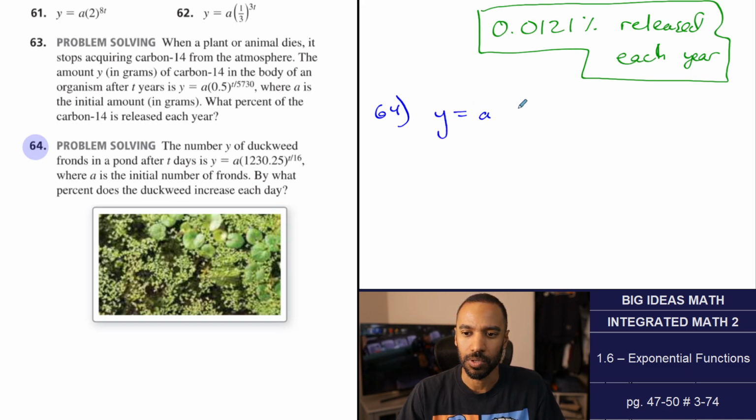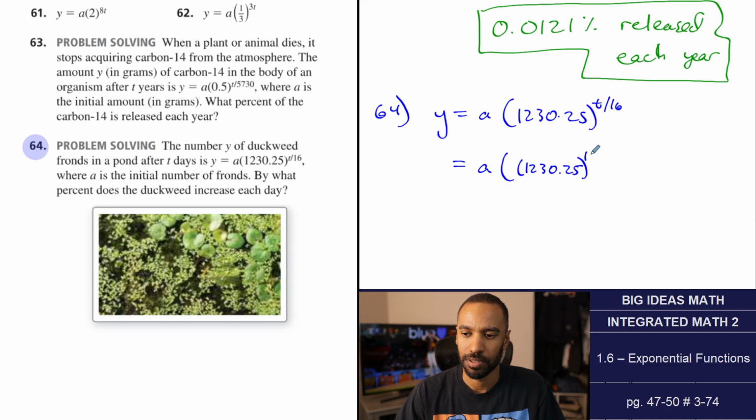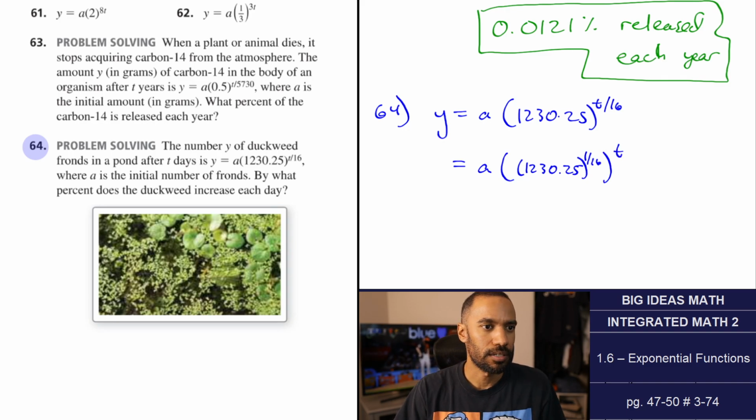So y equals A times 1230.25 to the t over 16 power. I'm going to be taking the 16th root of 1230.25. So let's do that, 1230.25 to the 1/16.